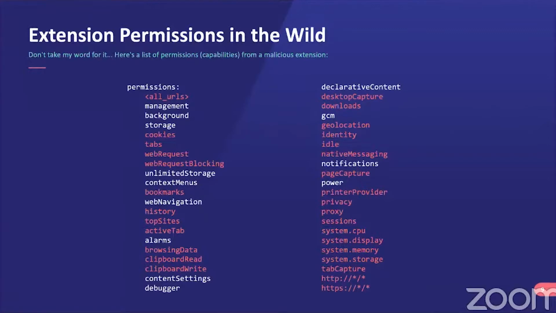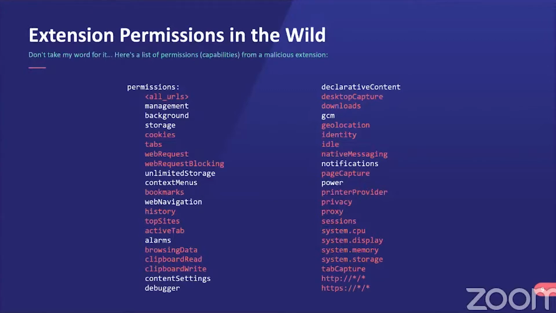And the idle permission is pretty interesting as well, because it allows the extension to detect when the machine's state changes, right? Whether or not you're using the computer. And what we've seen is, in some cases, the extension will only be active when the users are idle, meaning that when you walk away from your computer, that's when the extension goes to work and starts harvesting all of your data, because you're not going to notice it.